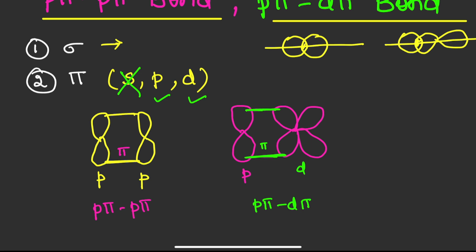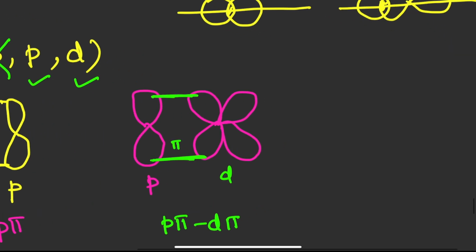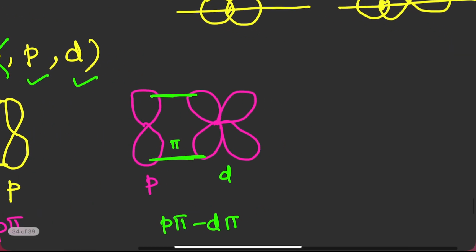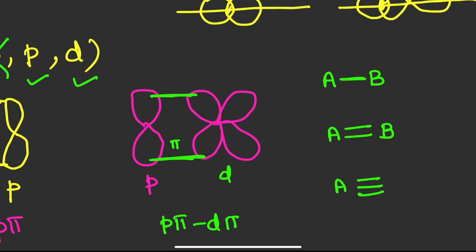So students, always remember that whenever a single bond is present, we will take A and B. Between A and B, a single bond is present. In another case, between A and B, a double bond is present. In another case, between A and B, a triple bond is present. Always, if a single bond is present, it will be a sigma bond.